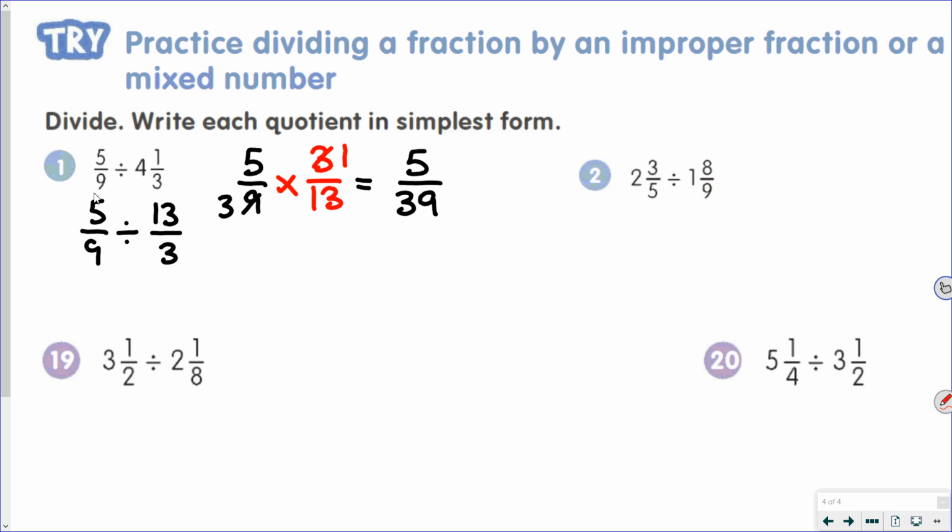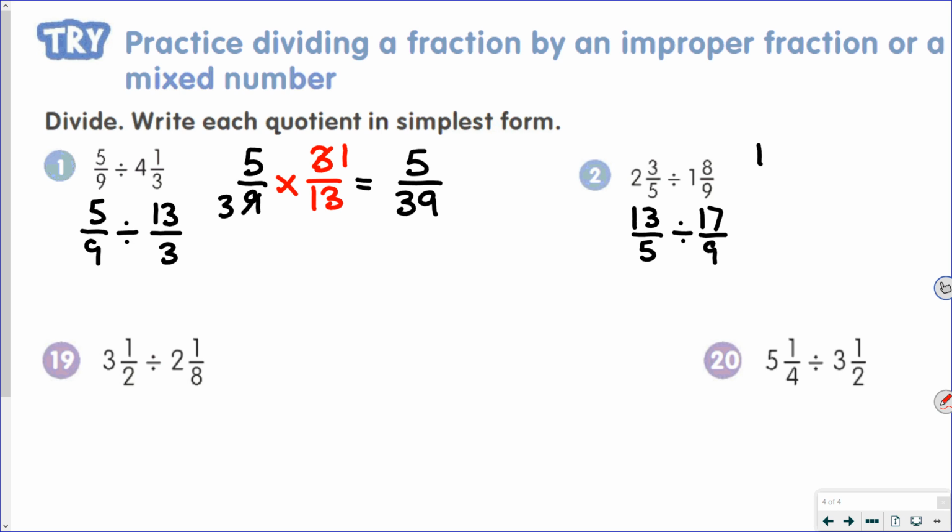So number 2 here, we have 2 3/5. So 2 times 5 is 10, plus 3 is 13. 9 times 1 is 9, plus 8 is 17. And again, we're still dividing because we haven't gotten into our dividing fraction steps.